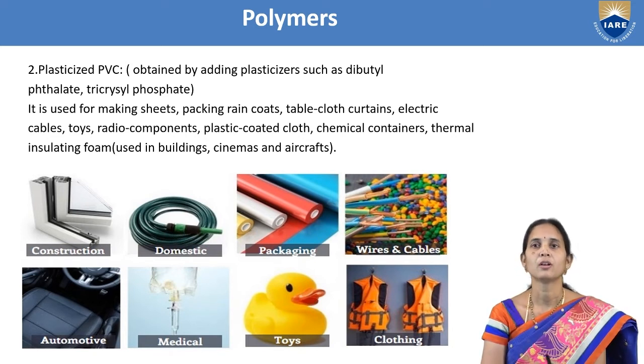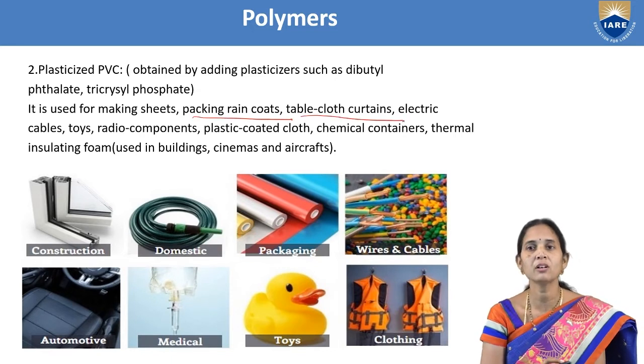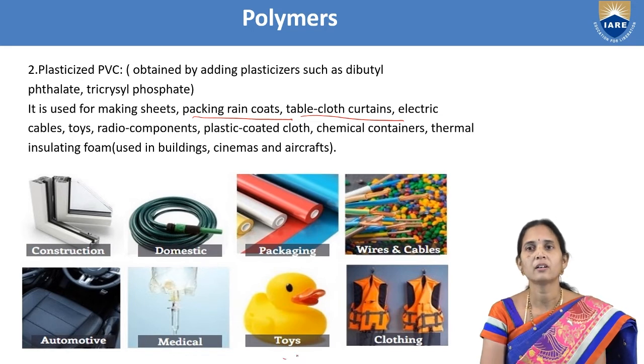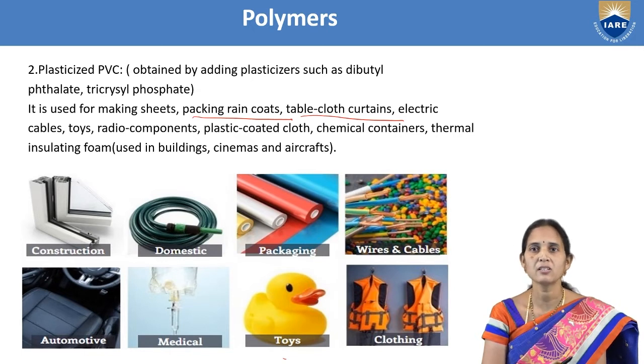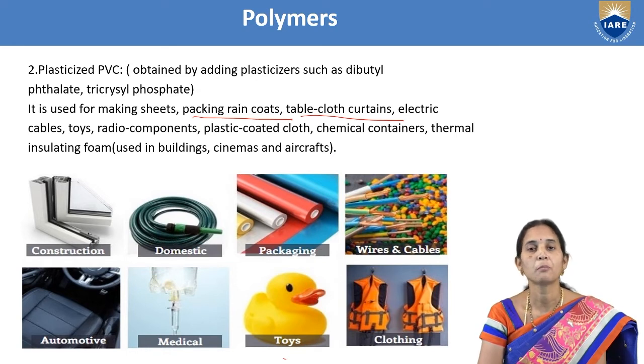It is used for making sheets, packing, raincoats, tablecloth, curtains, electric cables, toys, radio components, plastic coated cloth, chemical containers, and thermal insulating foam that is used in buildings, cinema theaters and aircrafts. All these we can manufacture using polyvinyl chloride.